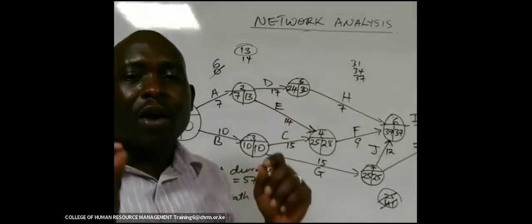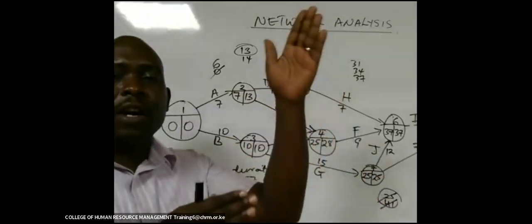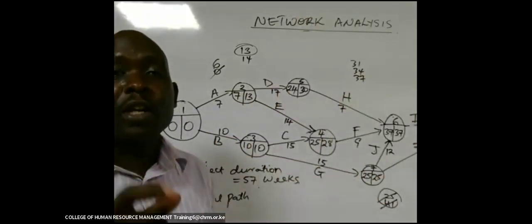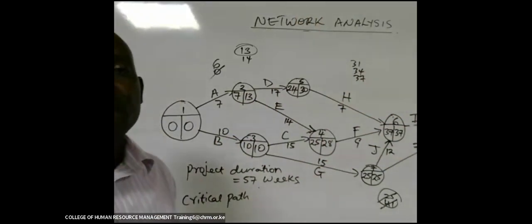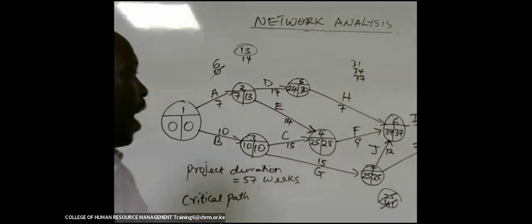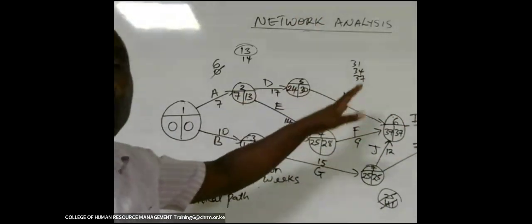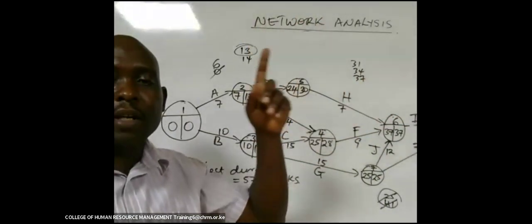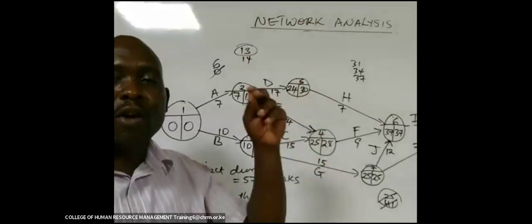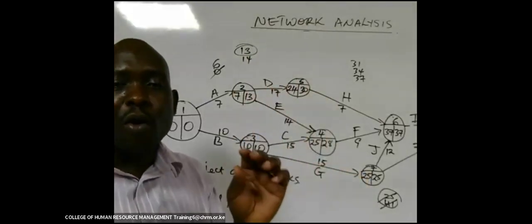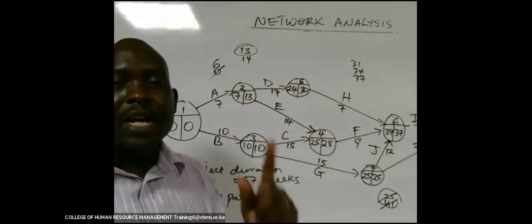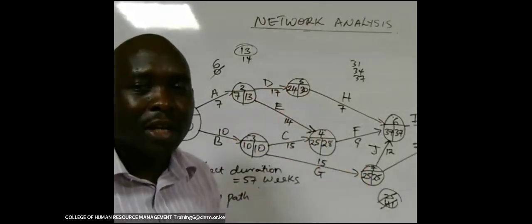When you delay any of those activities, the project duration will also be delayed. The project will take more time. The other activities you can play along with, but the activities on the critical path are critical because when any of them is delayed, it delays the entire project.